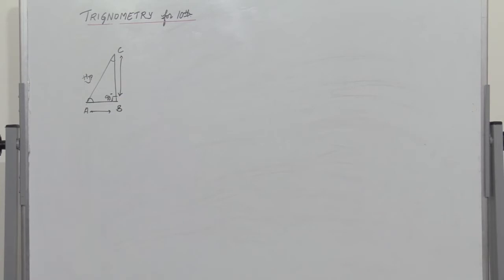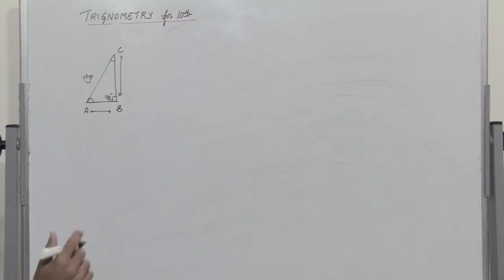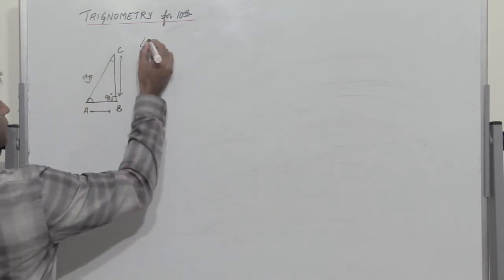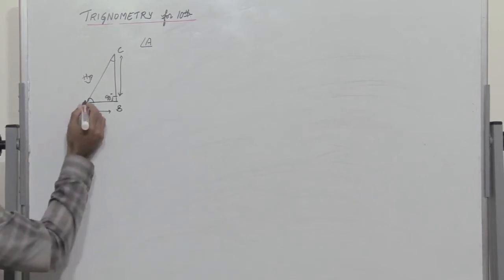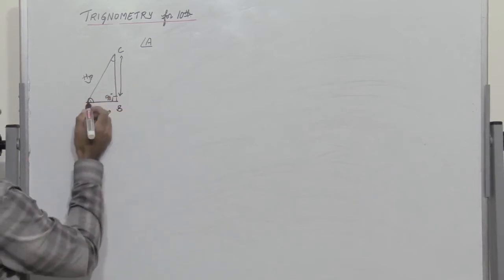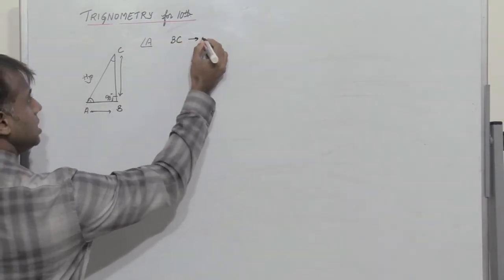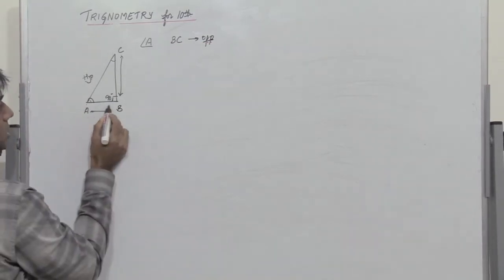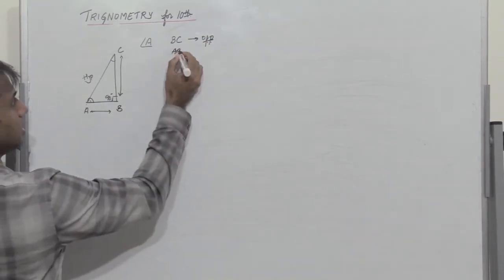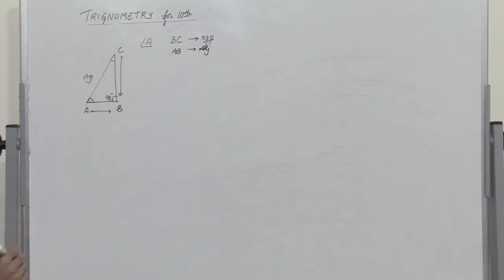Now I define certain ratios with respect to angle A, or I can define the ratios with respect to angle C. Let's assume that I am defining the ratios with respect to angle A. If I consider angle A, the side opposite to angle A is BC, and the side AB is adjacent to angle A, right?